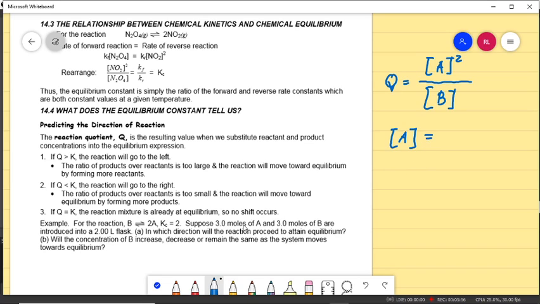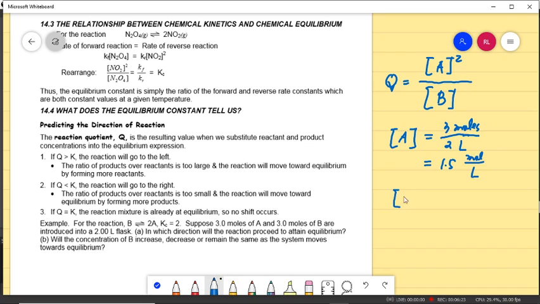As stated here, you have 3 moles of A in a 2-liter flask. So you have 3 moles over 2 liters, so the concentration is 1.5 mole per liter.